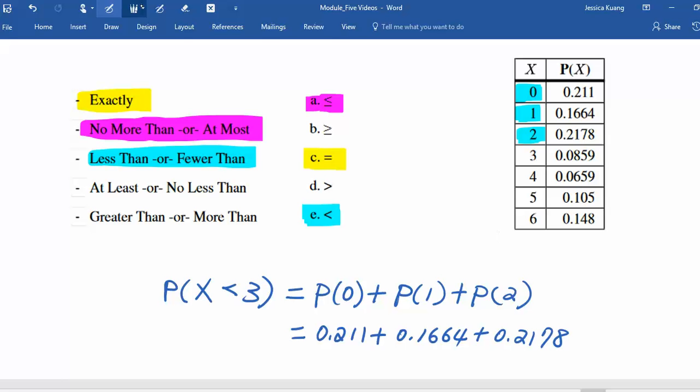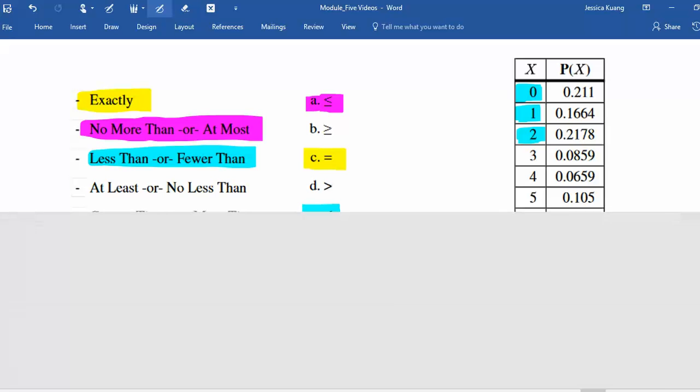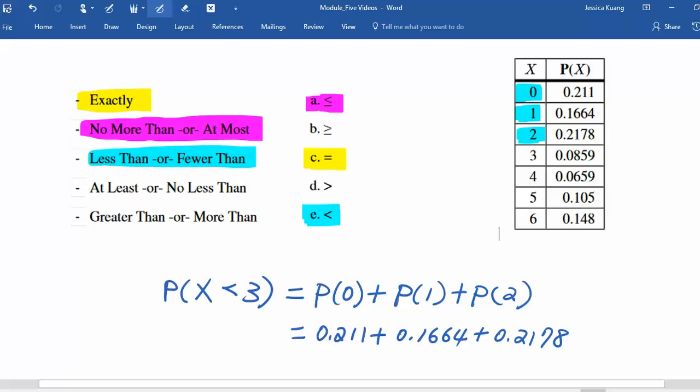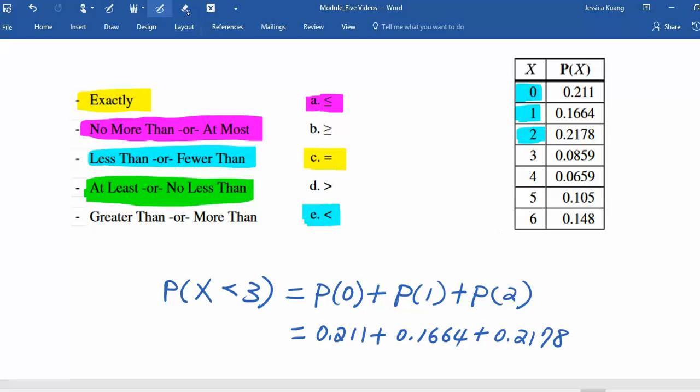Okay, moving on to the next translation. What is the probability of getting at least 3 or no less than 3? At least 3. Well, think about this. 3 is at least 3, isn't it? 4 is at least 3. It's not less than 3. 5 is also not less than 3.